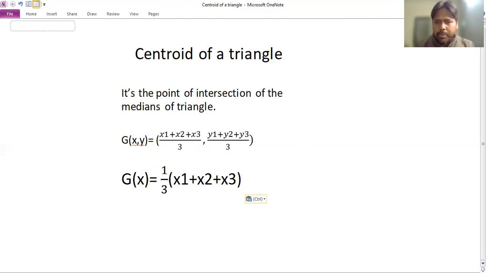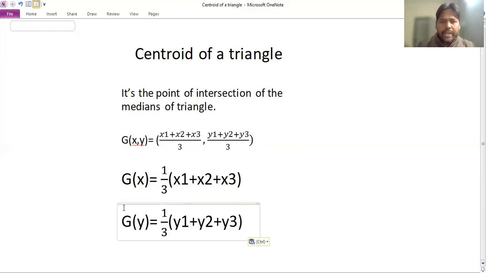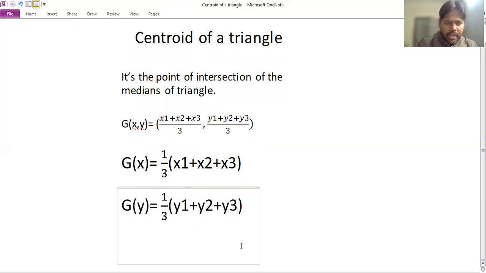These two separately give us the centroid value for the coordinates x and y respectively, and this will finally lead to the value G of x, y. So this particular point that we have calculated in the form of an ordered pair, G of x, y, is the actual centroid of the given triangle.